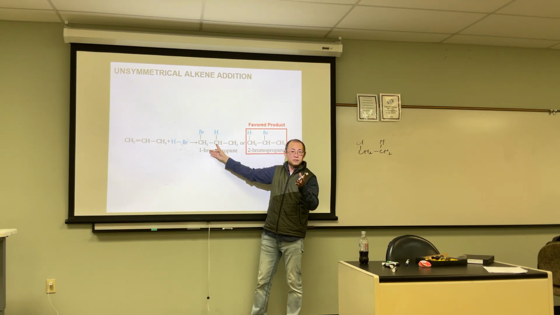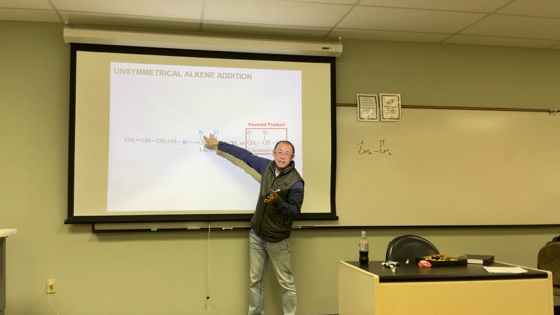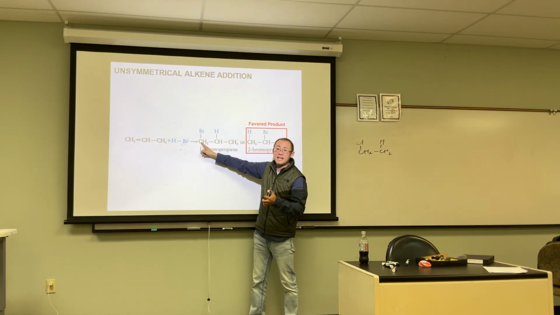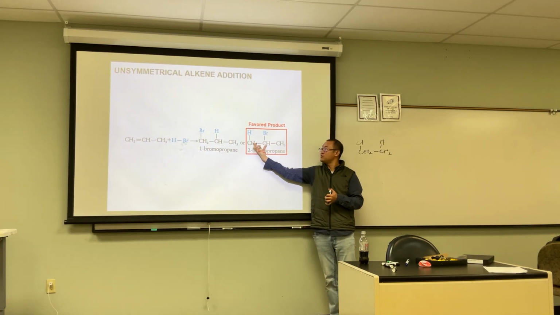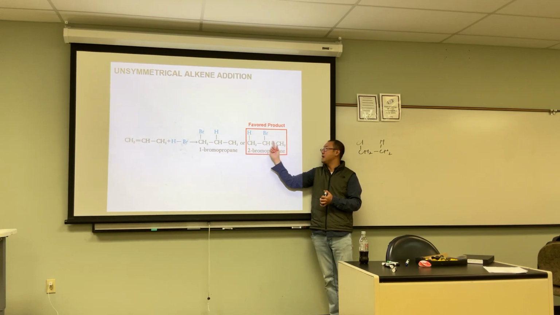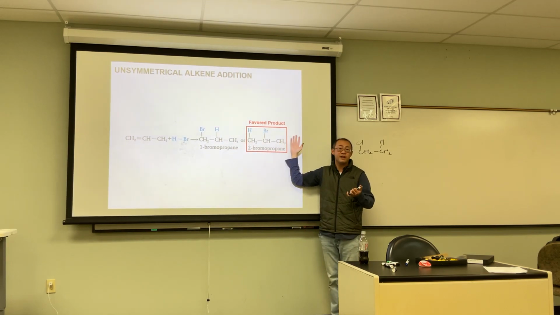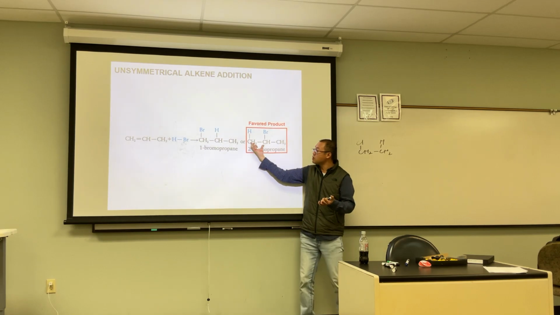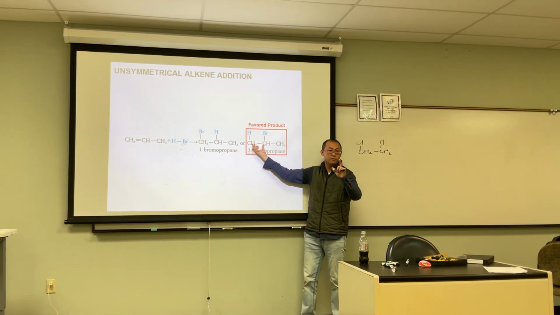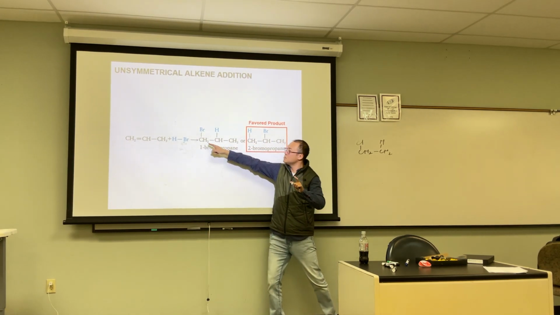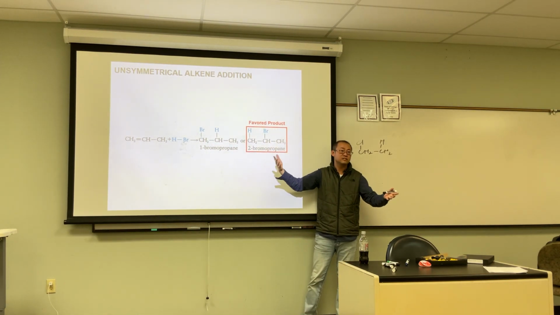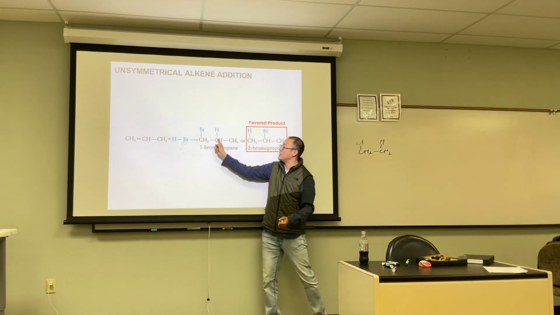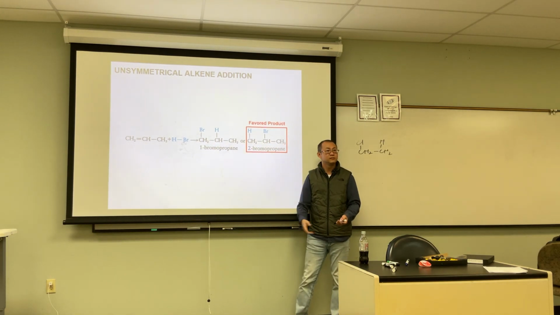But like I said, these two are different atoms. So bromine can either be added to this double bond carbon or this double bond carbon. These are the two double bond carbons, guys. Never mind this carbon, of course, there's no double bond here. You don't care. But these two carbons are different. Bromine can be added here or here, and of course hydrogen goes to the other one. If bromine is here, hydrogen is there; if bromine is there, hydrogen is here.